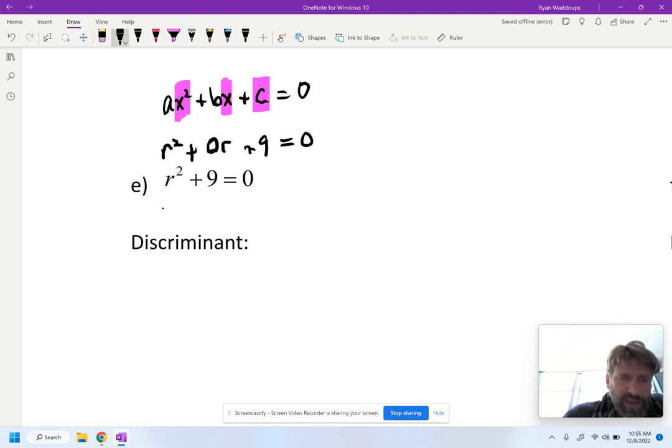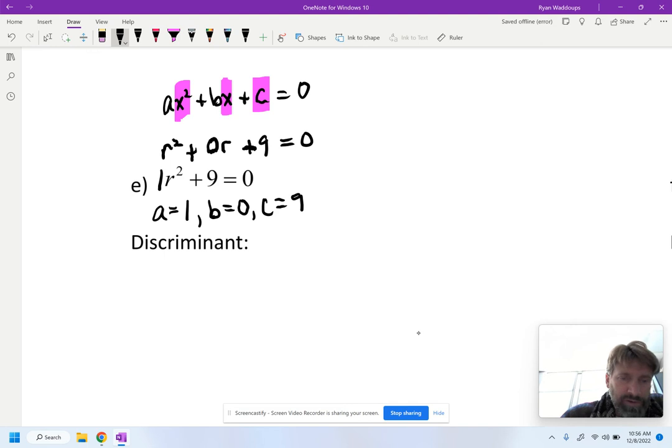And then I can say that a is the coefficient of my first term, which is 1. A is 1, and b is 0, and c is positive 9.